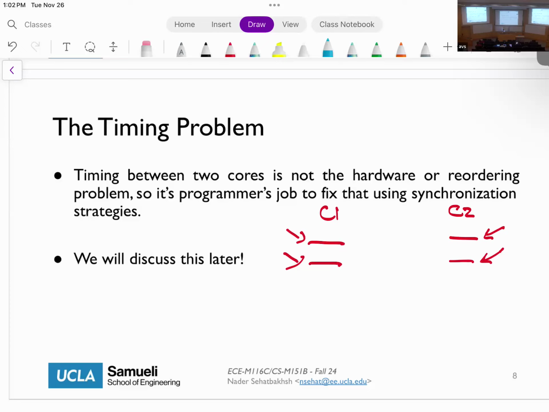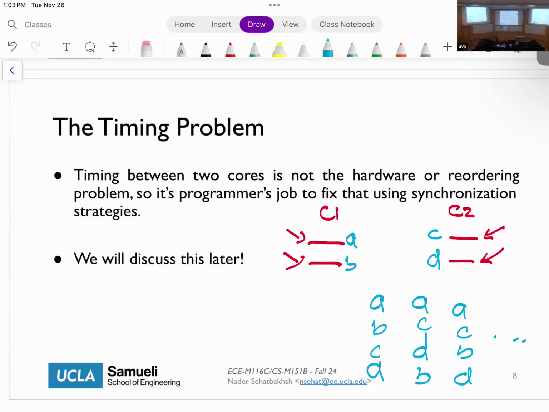But if, for example, your execution is like, let's call these A, B, C, and D. If the execution is A, B, C, D versus A, C, D, B versus A, C, B, D, and so on and so forth, these are all possible sequences of instructions in this case.